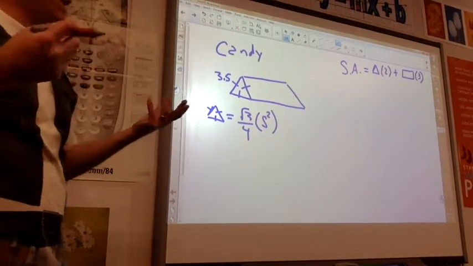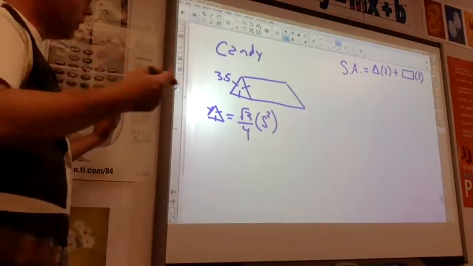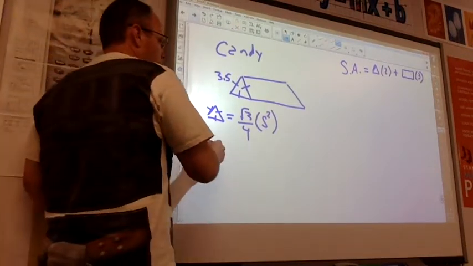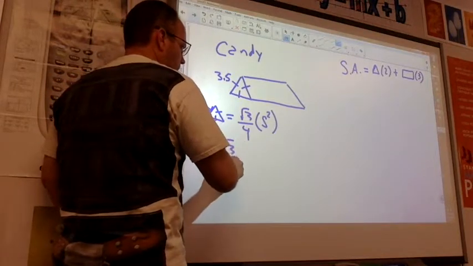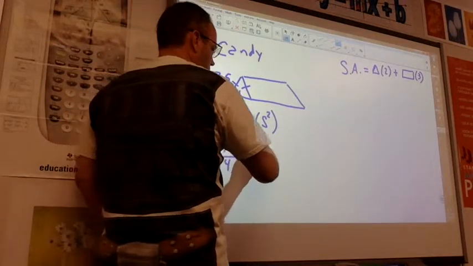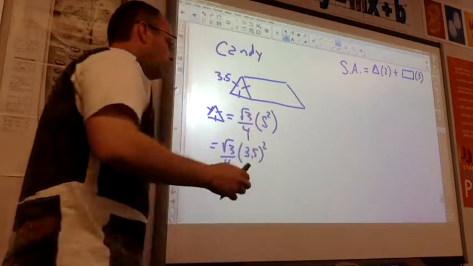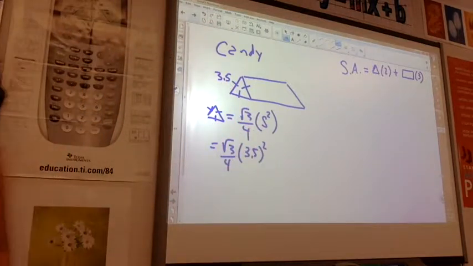So let's find the area of the triangle. Root 3 over 4 times 3.5 squared. 3.5 squared is bigger than 9 and smaller than 16.